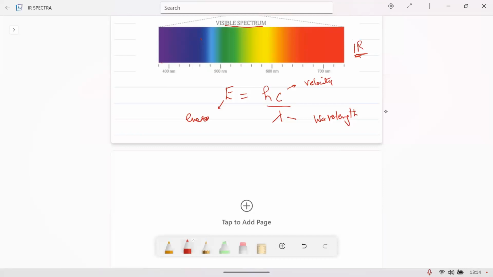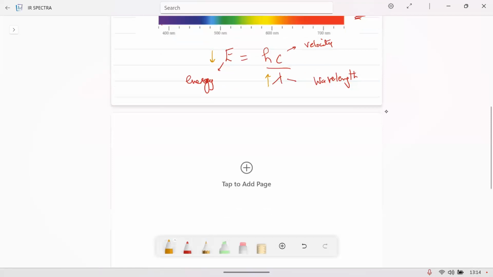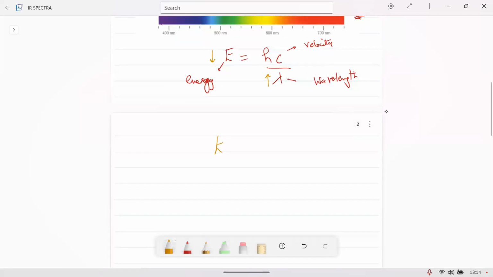So as you can see, if the wavelength is more, energy will be less. And frequency is related by E = h nu, where nu is the frequency. So if frequency is more, energy will be more. But for IR, frequency is less, so energy will be less.